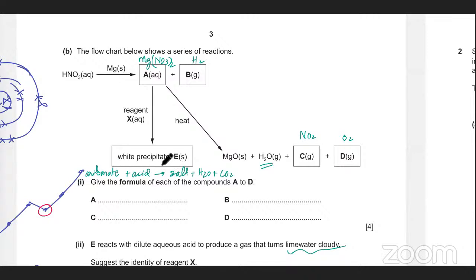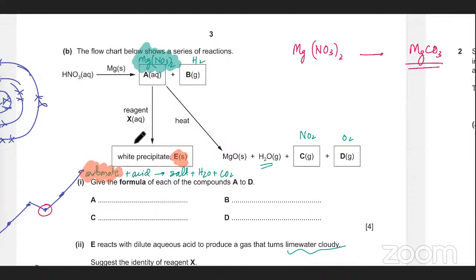So what's happening here? You've got magnesium nitrate, and that's turning into a carbonate, and it's insoluble as well. So it's a solid as well. Now the only possible carbonate is probably going to be magnesium carbonate.